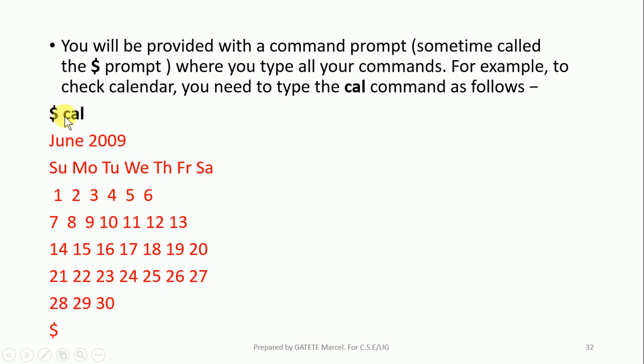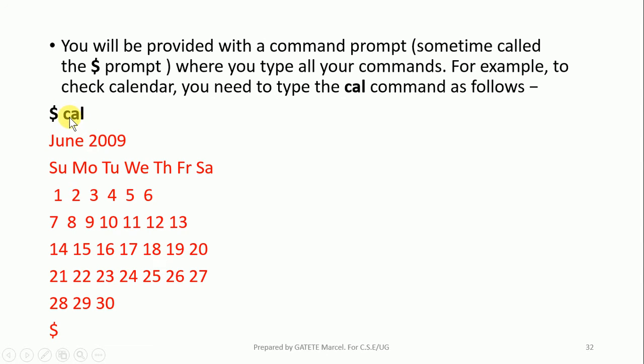After getting this prompt, you will be able to type any command you want. First, what I have to tell you is that you have to memorize all the Unix commands. They are almost the same as those commands, but somehow different. So you have to memorize the first command. It is cal.